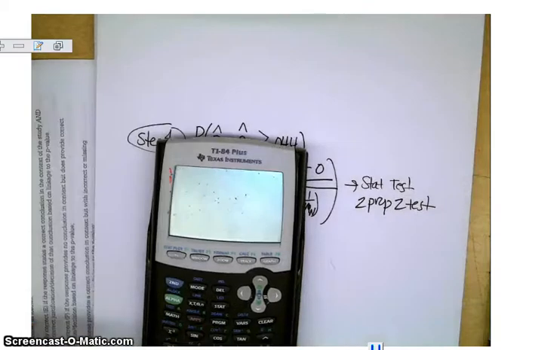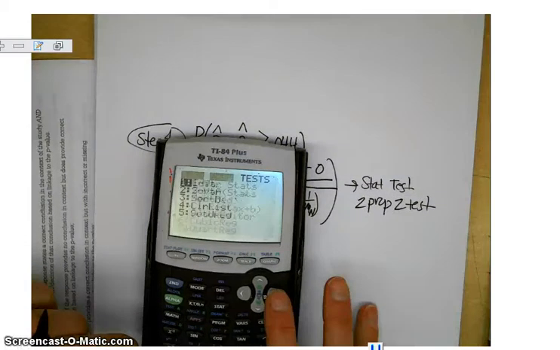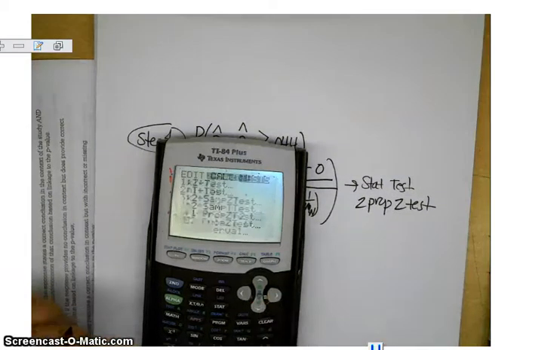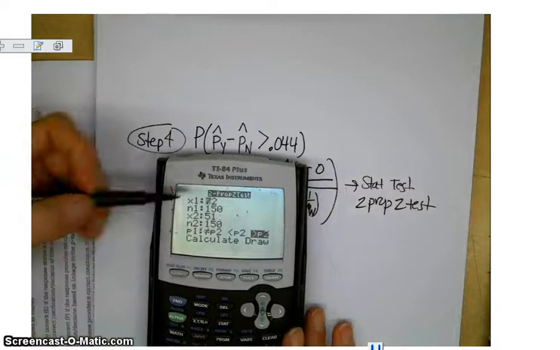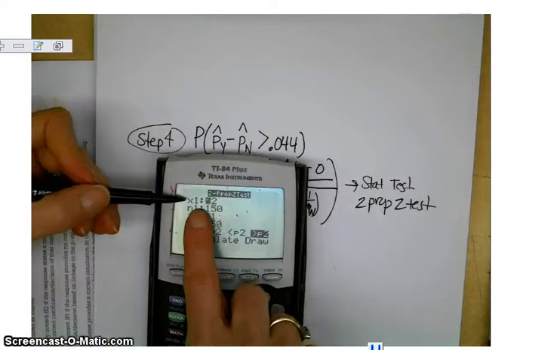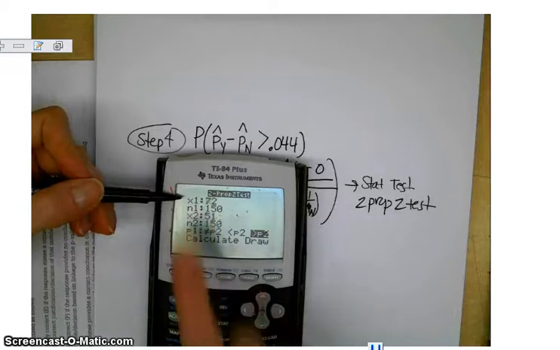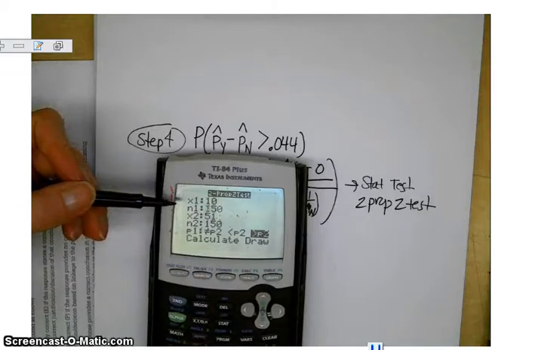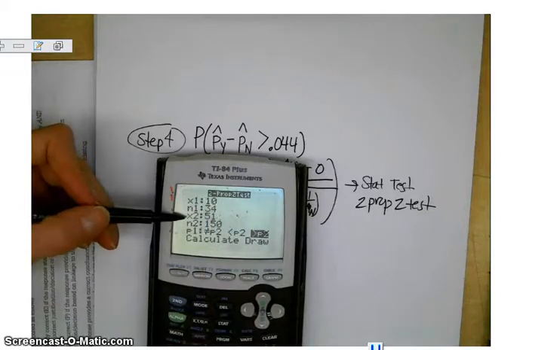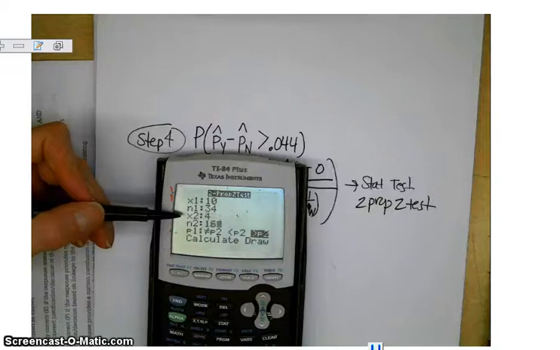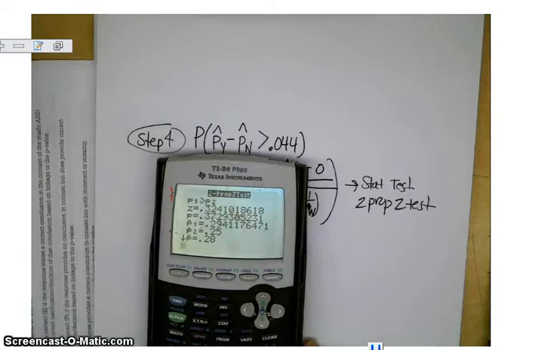It asks, how many of the people in the first group had the quality that yawned? 10 out of 34. And in the second group, 4 out of 16, and I'm trying to do greater than, and then I'm going to calculate.